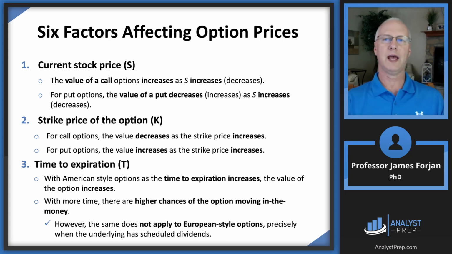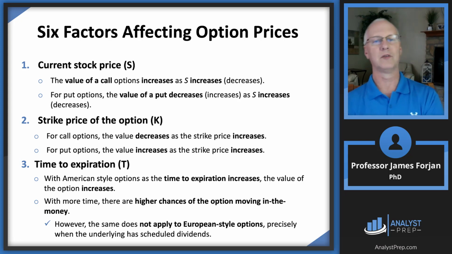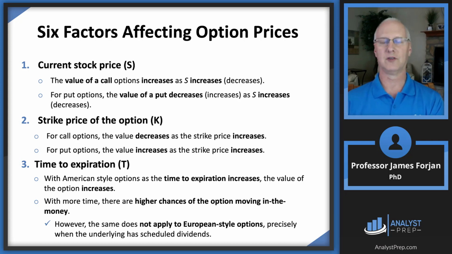If you go in and say, hey, I want a call option on this share of stock that's trading at $100 and the exercise price is $100, well, the financial institution will charge you some number. Let's say it's $5 for the price of that option. But if you go in and say, well, wait a minute, I want the right but not the obligation to buy at just $80 rather than the $100, well, the financial institution is going to say, well, of course I'll write that option for you, but it's going to cost you more.